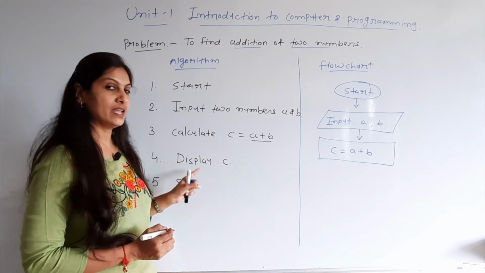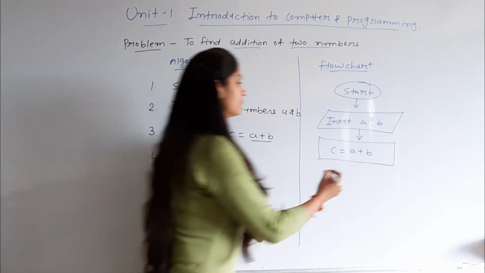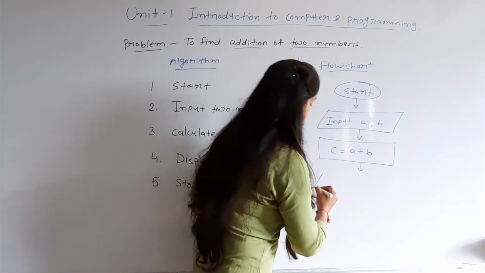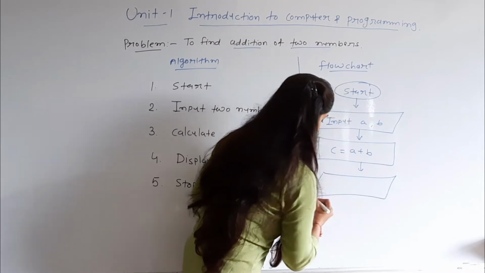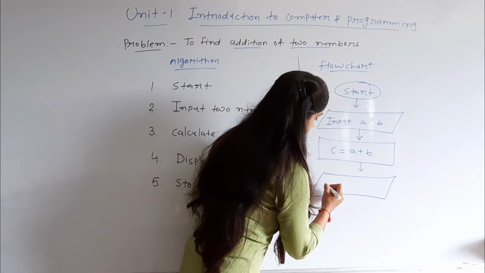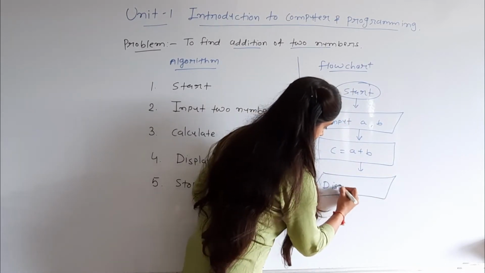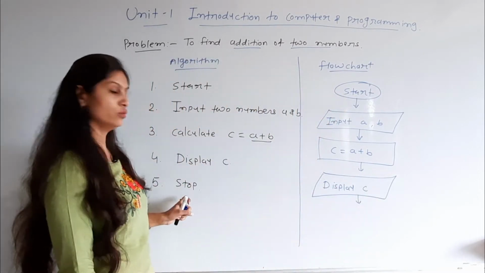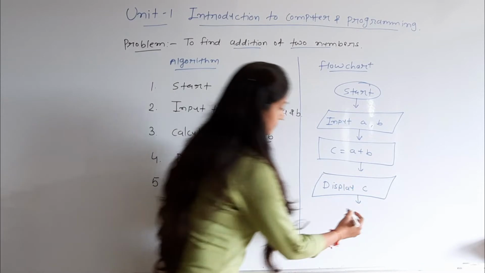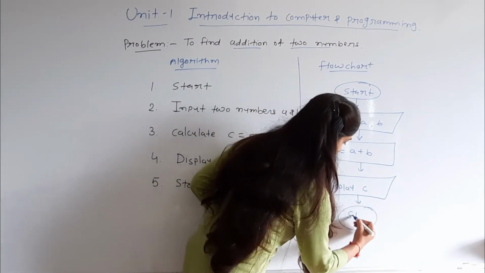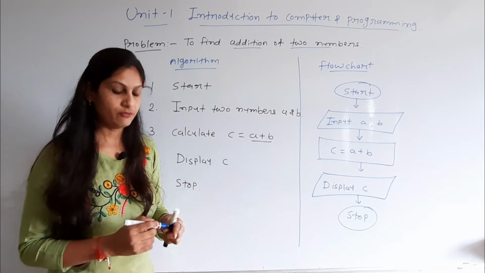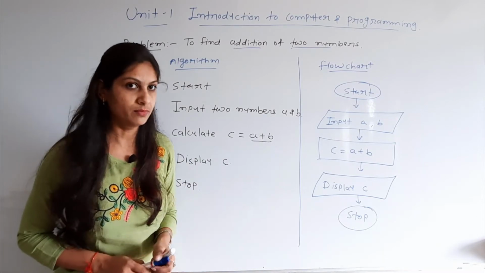For displaying our output, the same symbol as for input, that is parallelogram, we have to use, that is display C. Obviously you now know the shape for stop is an oval. So here the flowchart is ready for addition of two numbers.